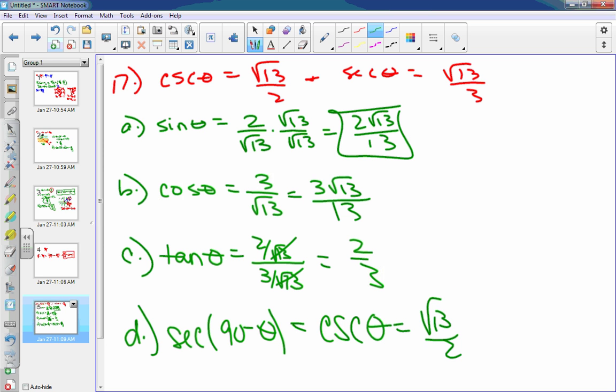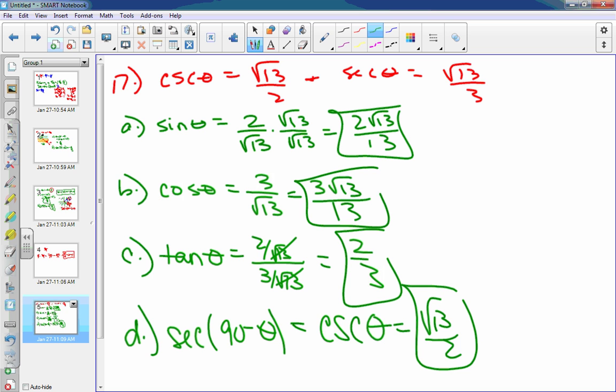Square root of 13 over 2. Yes? Yep, it's a cofunction. You look for the equivalence of it. That is equivalent to the cosecant of theta. You just substitute that in. That's all you do.